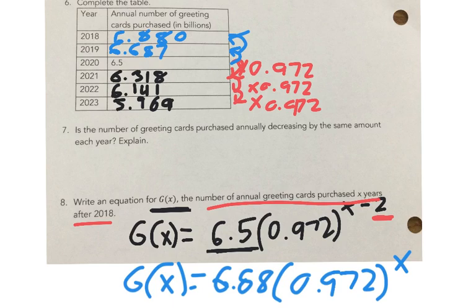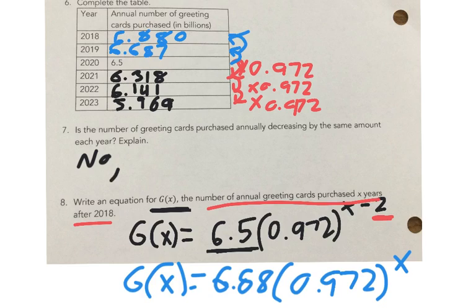Number 7: Is the number of greeting cards purchased annually decreasing by the same amount each year? No. What's happening? It is decreasing by a constant percentage.